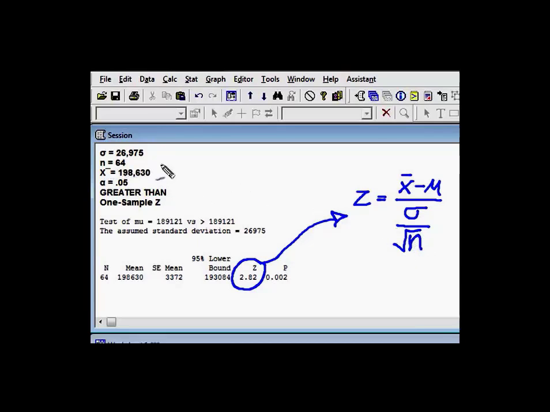So if you plug all these numbers over here into this formula over here, you're going to come up with 2.82, or you're just going to plug this stuff into Minitab. So that's what we're going to do right now. I'm going to take this z-score or test statistic of 2.82, throw it on a normal curve, and I'm going to show you how to test using a critical value method.